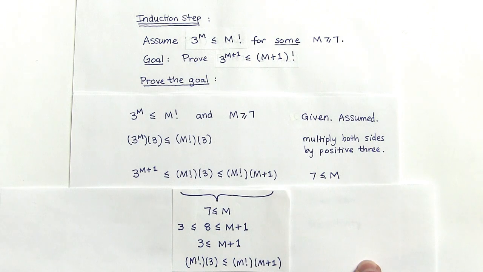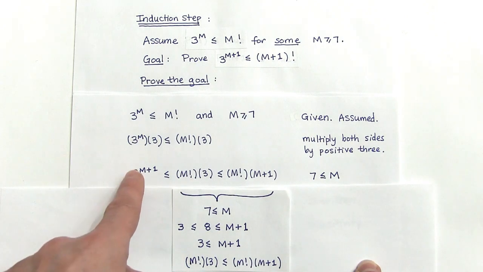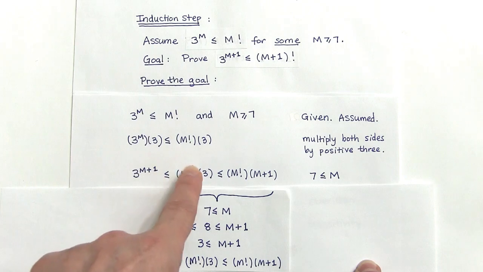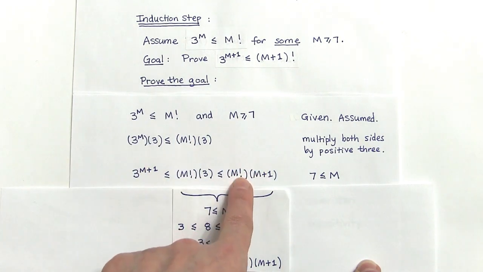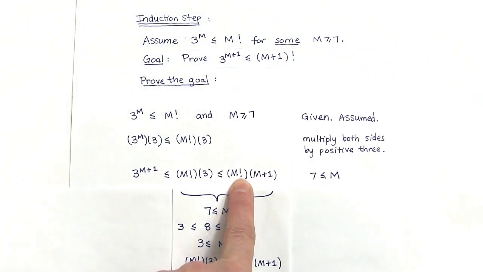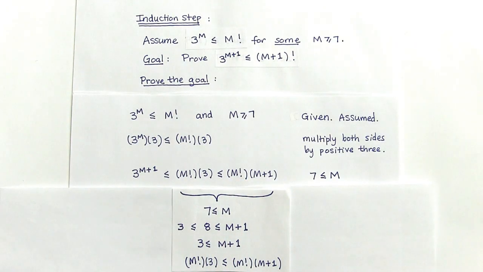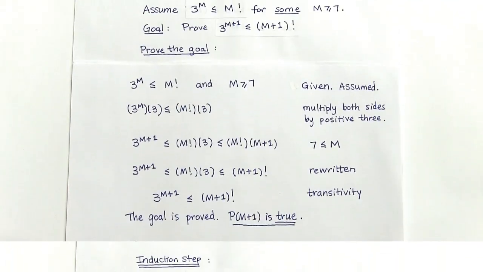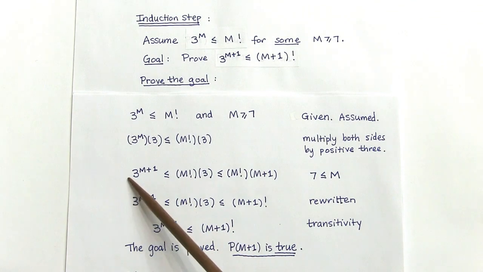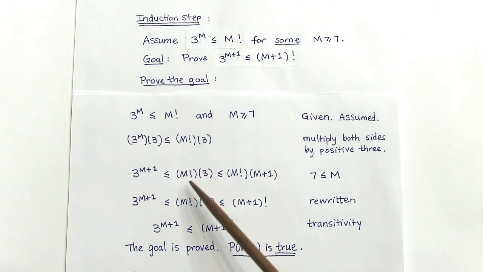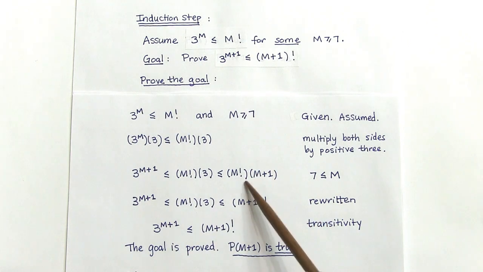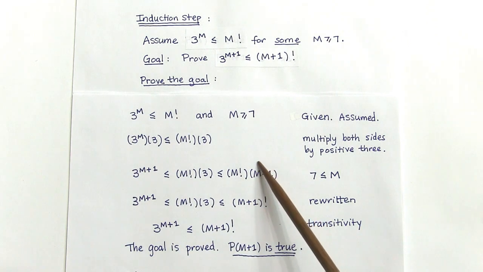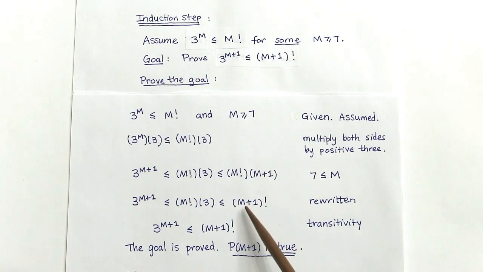And now I'm almost there, because by transitivity we'll have that this is less than this, which is less than this, and consequently this is less than this, and that's our goal. And so, writing it down in detail, I've just rewritten this line. So 3 to the m plus 1 is still less than or equal to m factorial times 3, but m factorial times m plus 1 is the same as the factorial of the quantity m plus 1.